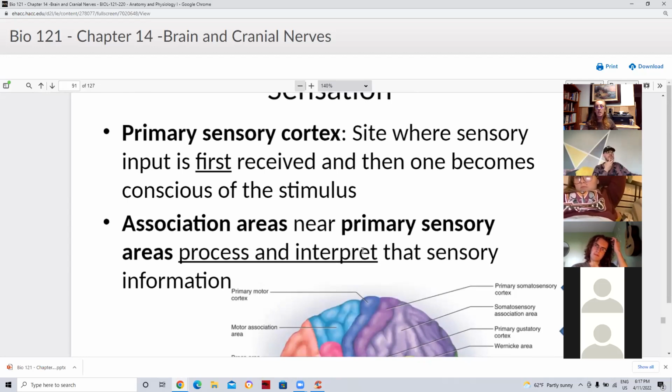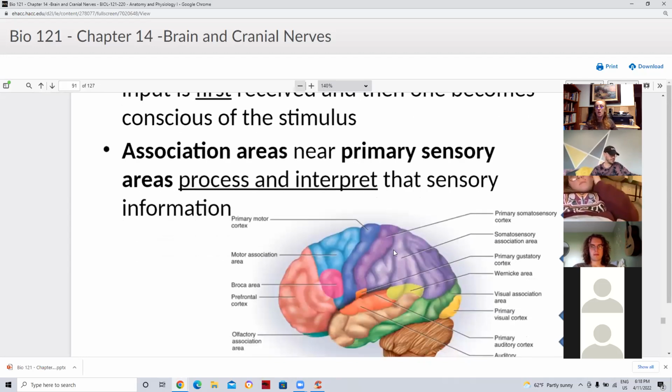Primary sensory cortex is the site where sensory input is first received, and then one becomes conscious of that stimulus. So your primary somatosensory, remember what somatosensory means: skin, muscles, bones, and joints. Your primary gustatory cortex, your sense of taste.